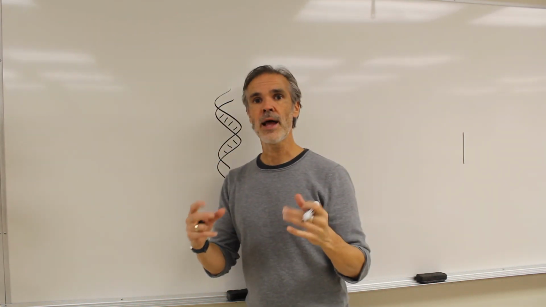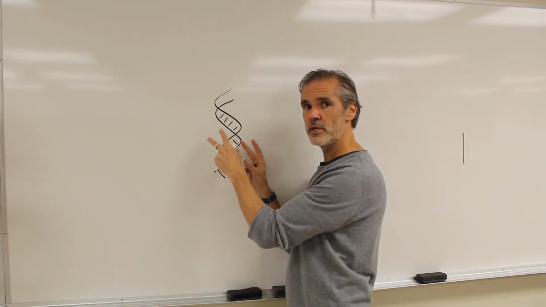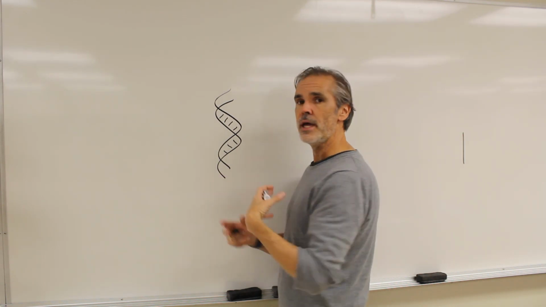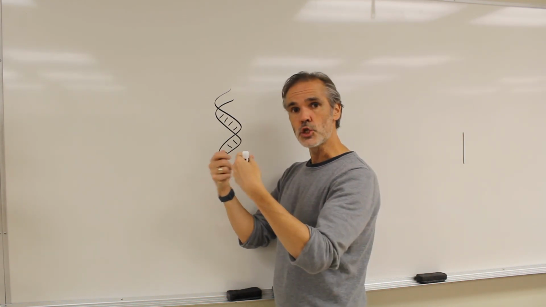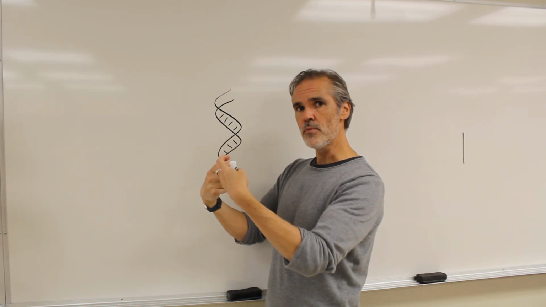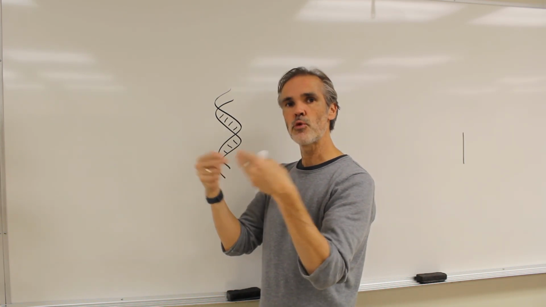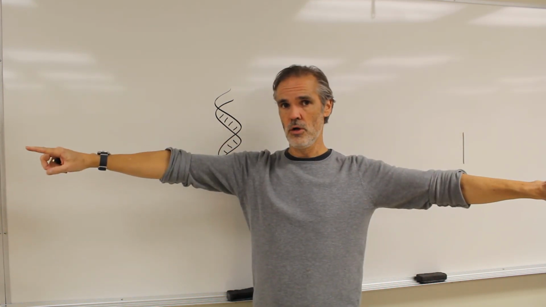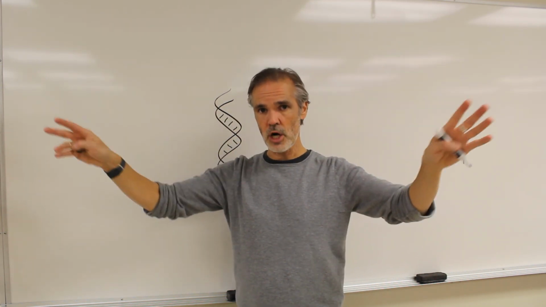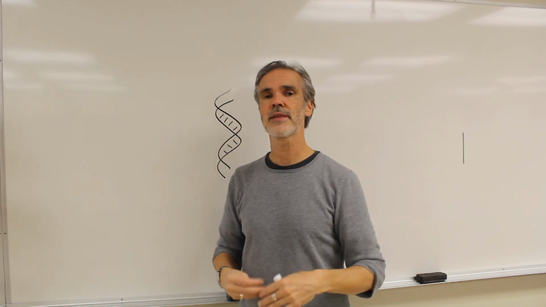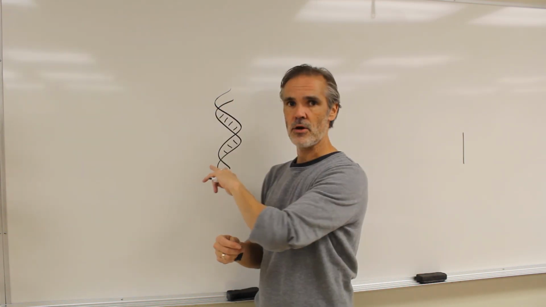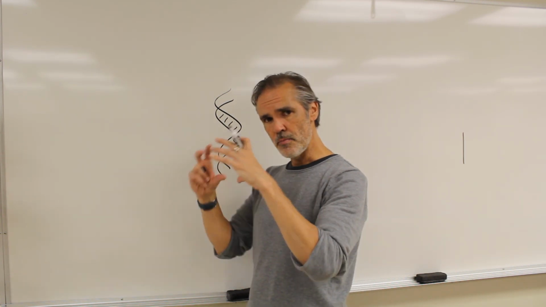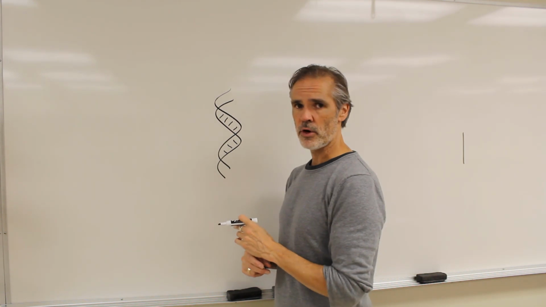Those two strands are held together by hydrogen bonding, right? So we know what hydrogen bonding is. It has to do with an attraction between certain atoms that are not physically interacting with one another. They're not touching, but they're attracted to one another. The whole genome, the whole bit of your DNA inside your cells is held together by hydrogen bonding, so super important. But that is the basic level of that organization.